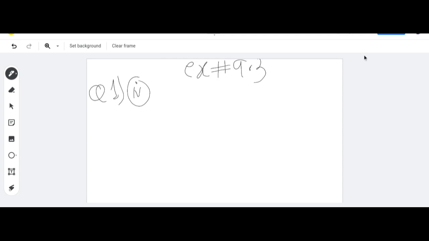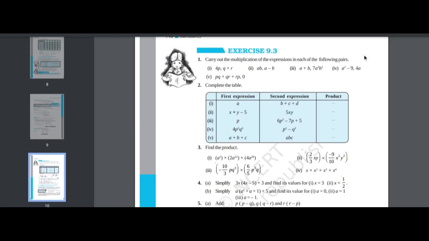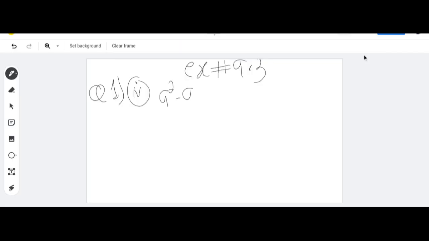In the fourth part, the question is a square minus 9, and there is a comma between them, then we have 4a. So we have to make a product, so we put a multiplication between two terms.